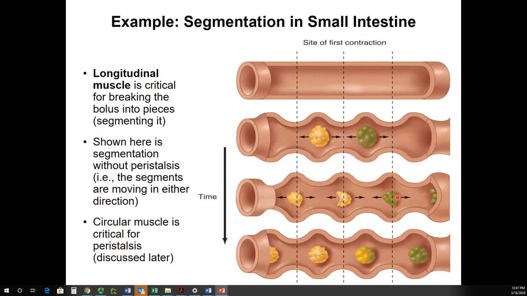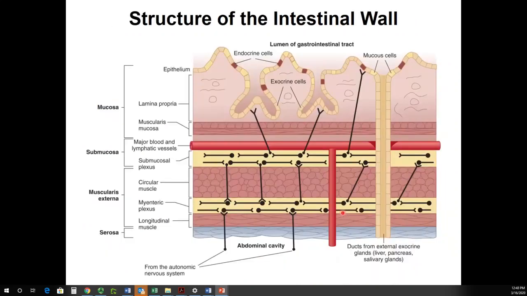Okay, so this mixing motion, a lot of that is longitudinal muscle. A lot of the peristalsis is circular muscle, but really they work together. So I don't want you to worry too much about what muscle type is working here. I want you to be more aware of the difference between the segmentation, which is mixing, and then the peristaltic type of motion. Okay, we really need both of those.